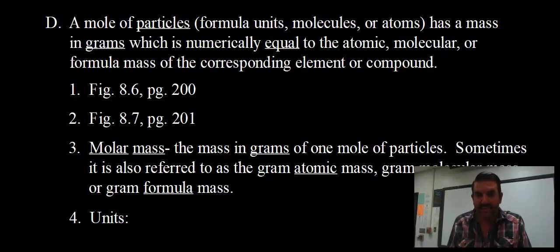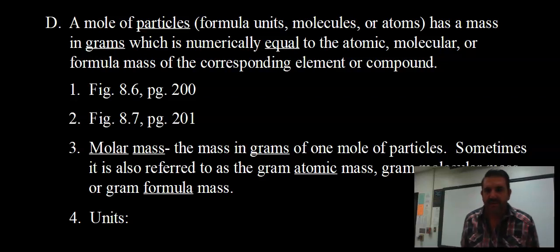Molar mass is the mass in grams of 1 mole of particles. Sometimes it's called gram atomic mass for elements, or gram molecular mass for molecular compounds, or gram formula mass for ionic compounds.